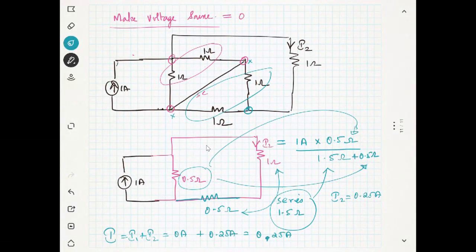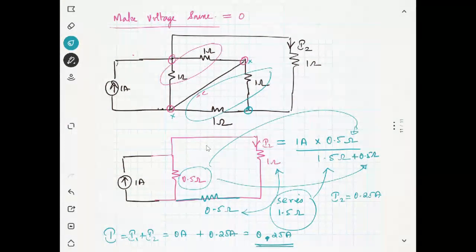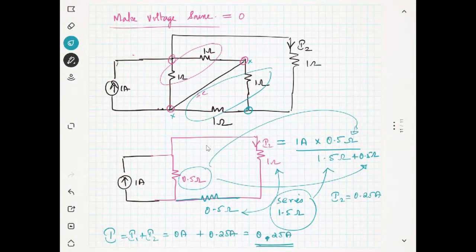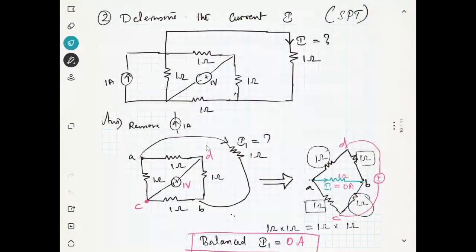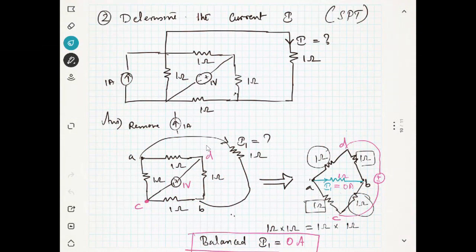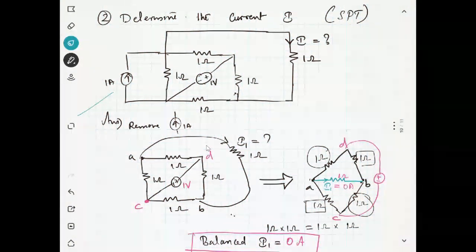Doctor, when we had a voltage source, why didn't we consider it as parallel? Which one, which voltage source are you talking about? In the previous, when we cancelled 1 ampere. Why didn't we consider it as parallel here? One with one and one with one. Yes, what's the question?